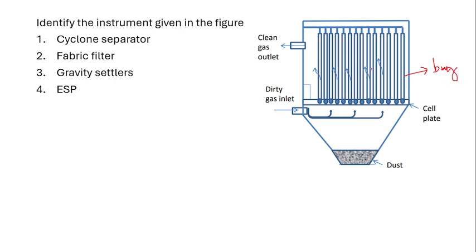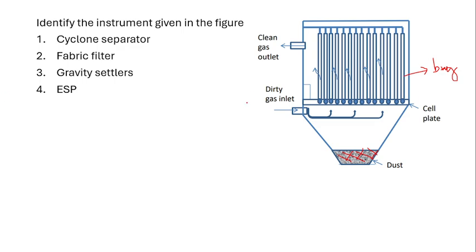So there are n number of bags. Within this bag also there will be different regions. After passing through each area of this bag, all the clean gases will be emitted from this outlet. And then the dust particles will be collected here and finally deposited in this region. So this is a fabric cloth filter bag.